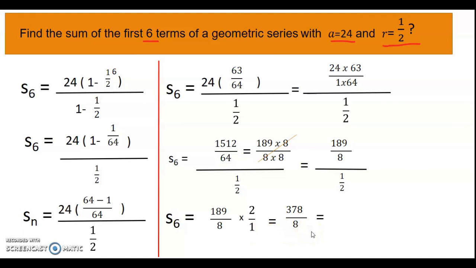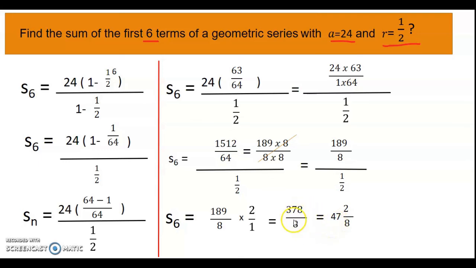And we will get our answer, which is 378 over 8. So this is an improper fraction, meaning it's more than 1. So we can simplify it to a mixed number. Please watch my video also about how to change an improper fraction to a mixed number, simplifying fractions.